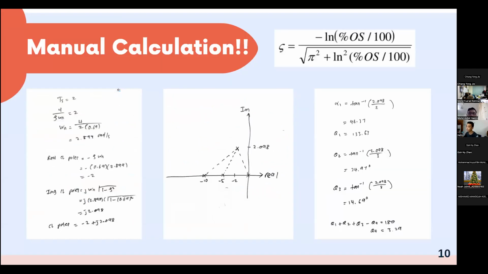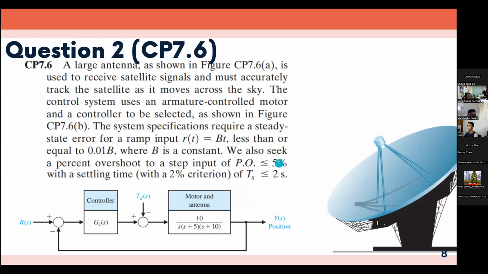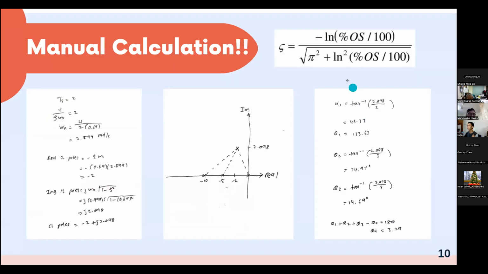Next, for the manual calculation of this problem, first, based on the requirement, which is 5% percentage overshoot, we use this equation and we can find the damping ratio of the required system, which is 0.69.